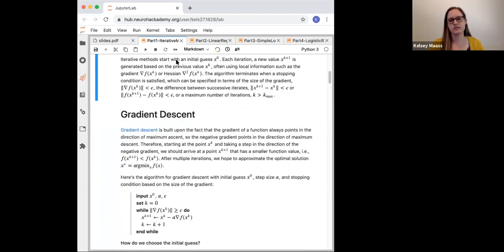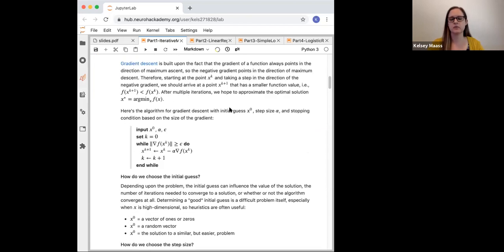An iterative method generally starts with an initial guess, and then each iteration we generate a new value based on the previous value and local information, such as the gradient or the Hessian. And then we stop iterating once a stopping condition is satisfied, and this is often specified in terms of the size of the gradient, the difference between successive iterates, or possibly a maximum number of iterations.